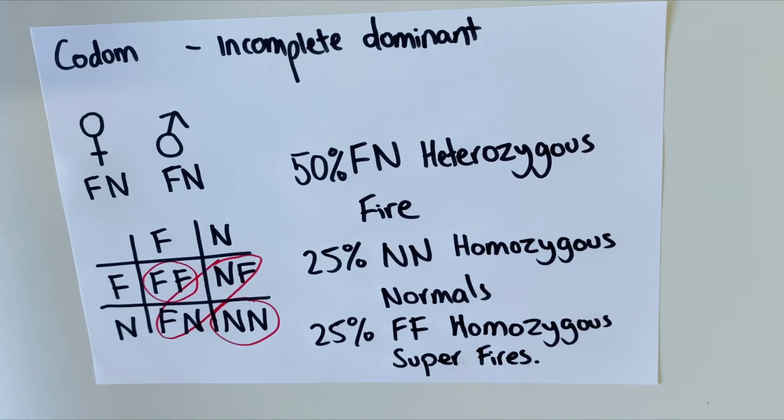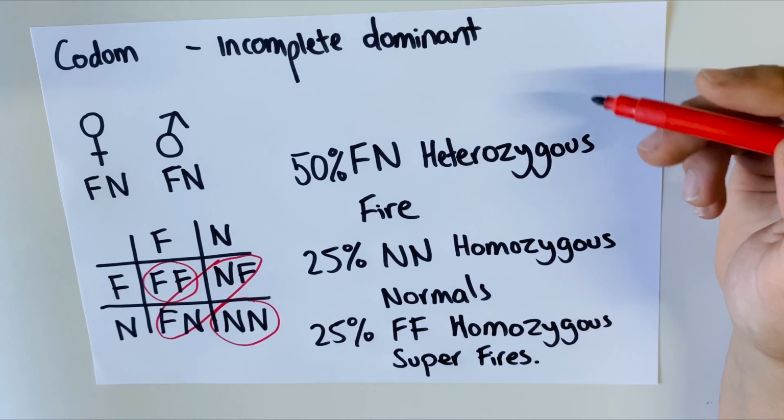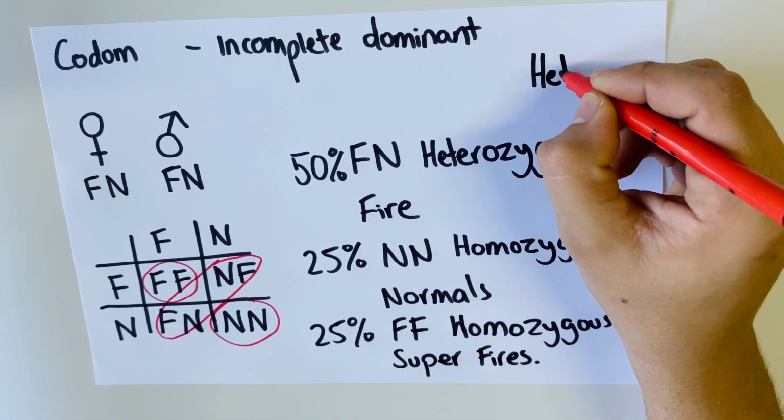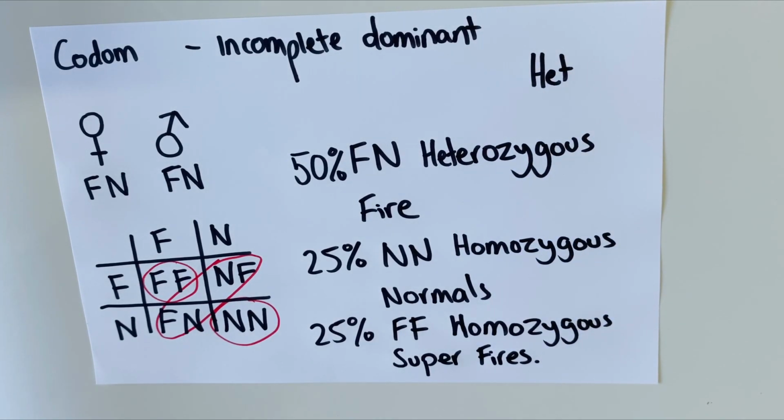Now, where a lot of confusion comes from is when we're looking at these genes and we're not really understanding what's going on. So, for example, a lot of the time you will hear the term het, okay? So commonly you'll hear something like a het clown or a het pied. We will look at recessives in our next episode on their own so we can really split them apart.